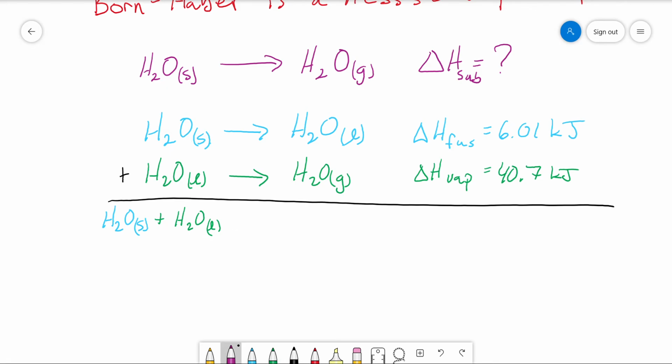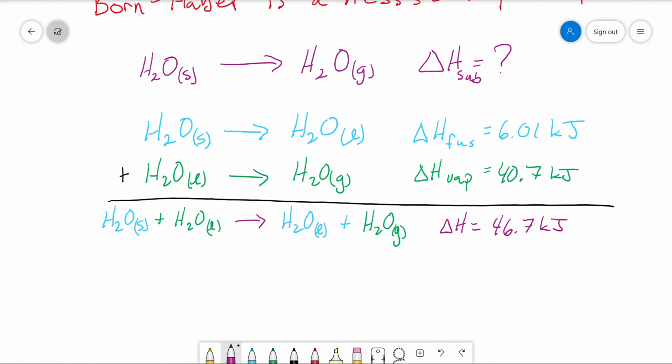Let's do this. That it was up above gives us H2O liquid plus H2O gas, and we get delta H equal to 46.7 kilojoules.